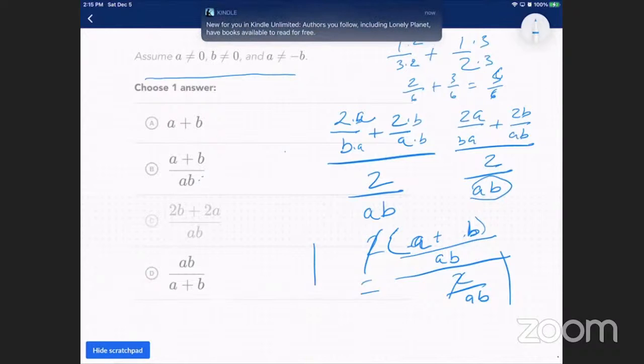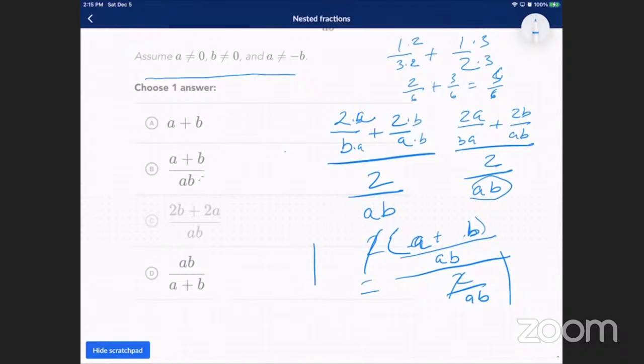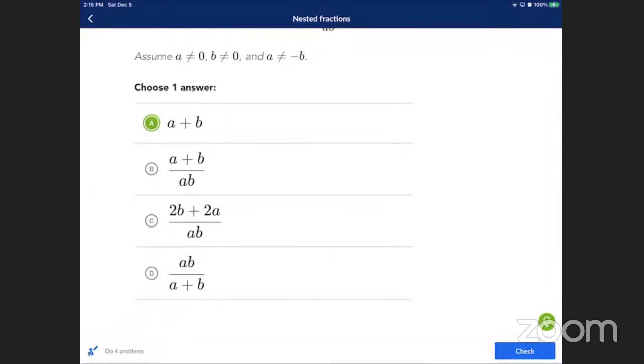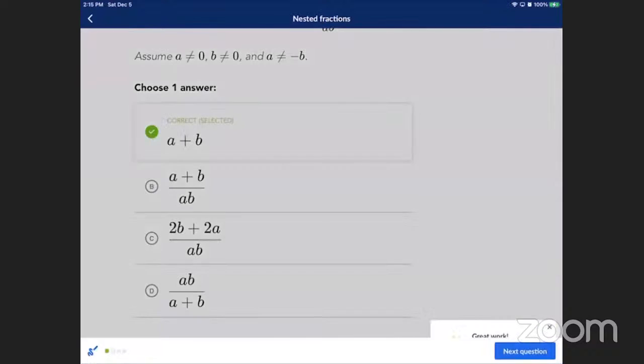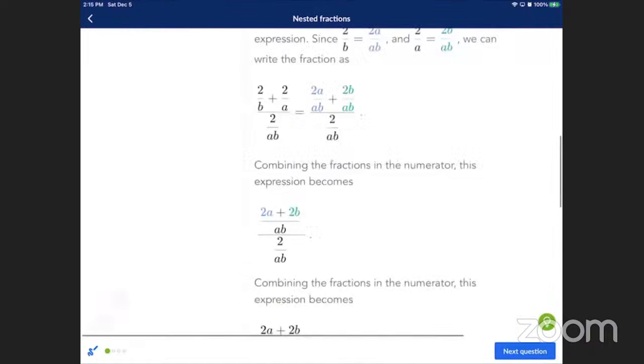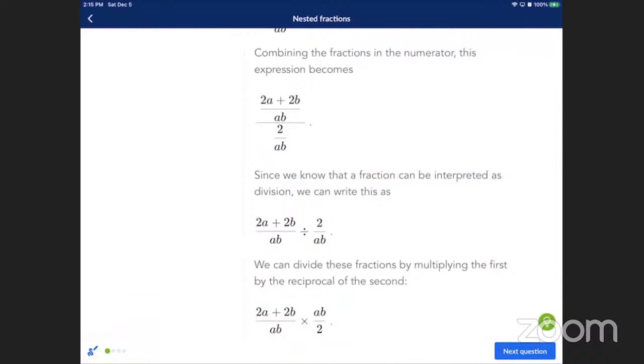But then we would have to do ab. The reason why is that the 2a plus 2b plus 2ab would have to cancel.